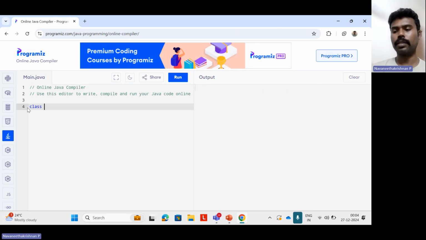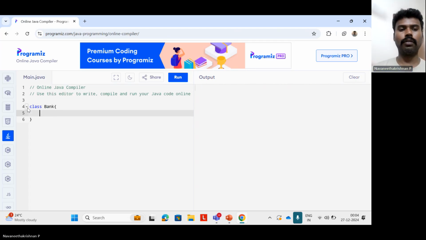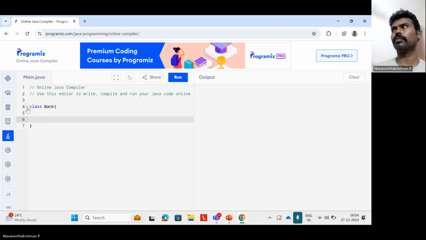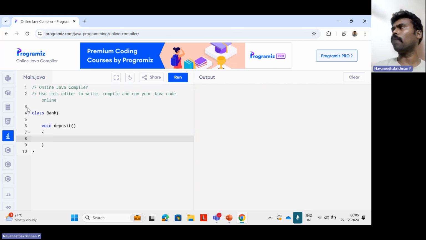I'll take a banking scenario. I have a class called bank. Here, I have a method called deposit.